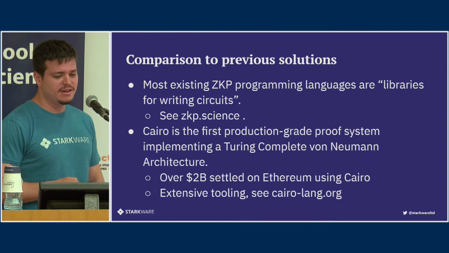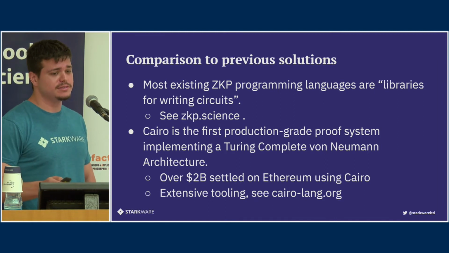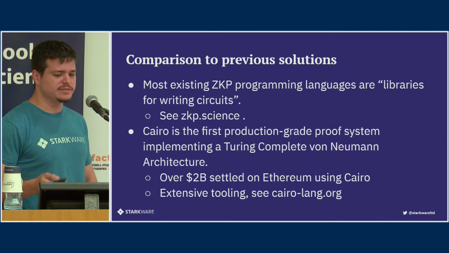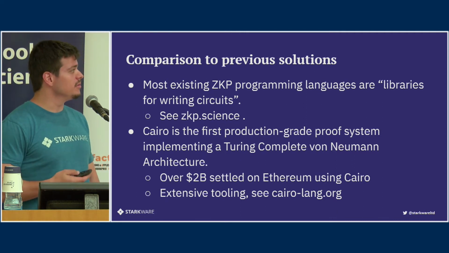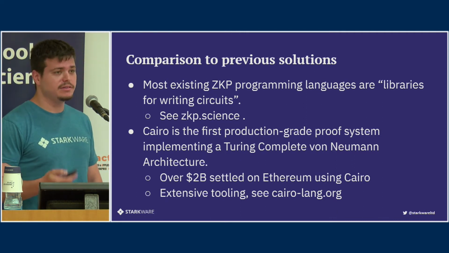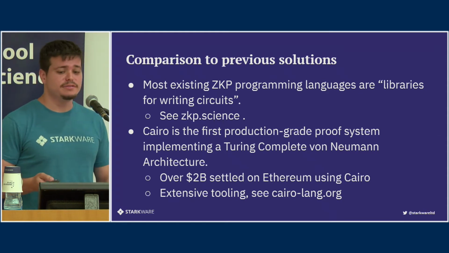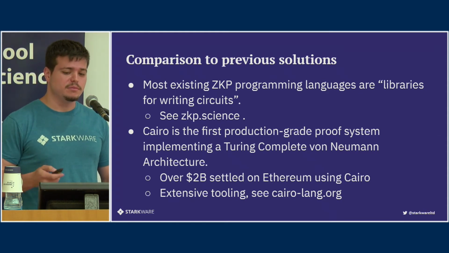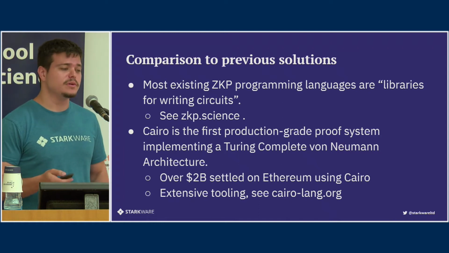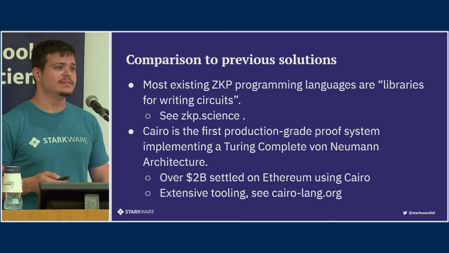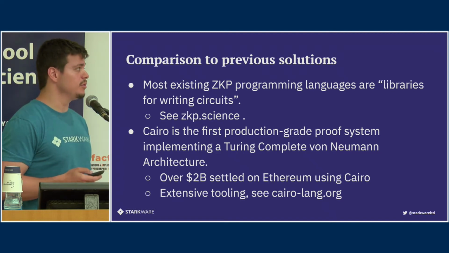This is not the first solution for a proof system which has a programming language interface. There are some existing ones. The difference is that most of them are libraries for creating circuits, which means there are a lot of downsides in that approach.